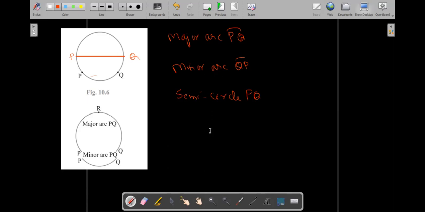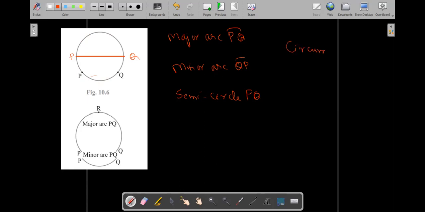Circumference, you know that the length of the complete circle is called its circumference. Length of the complete circle means if you start moving from point P and take a round, come back to P, this is the total length of the circle. The length of the boundary of the circle is called its circumference.